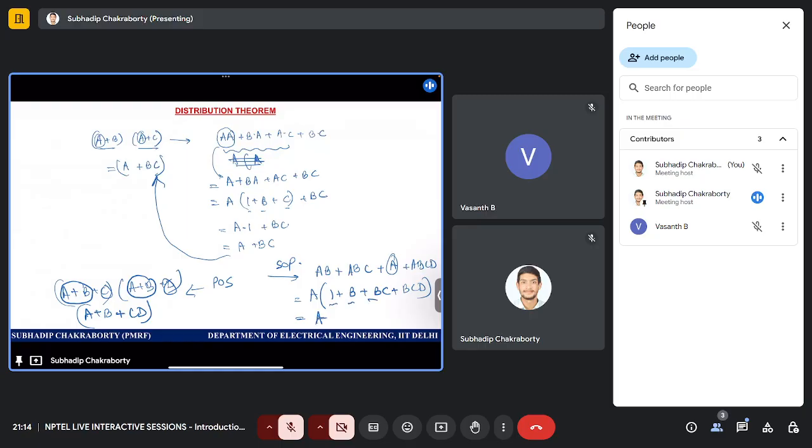Because 1 plus other variables will be 1. Then the distribution theorem says that you take the common variable and take the product of the others. And the proof is similar, right? That 1 plus B plus C is nothing but 1.